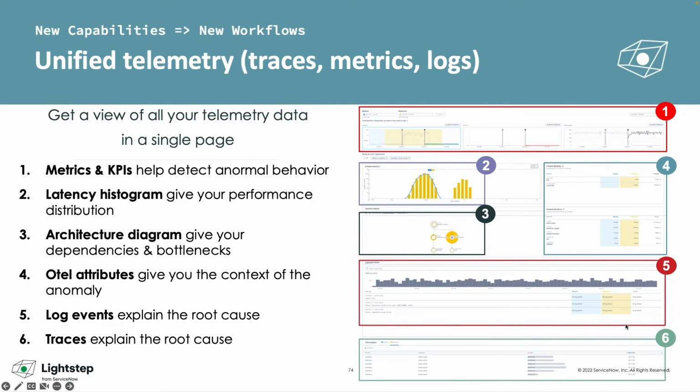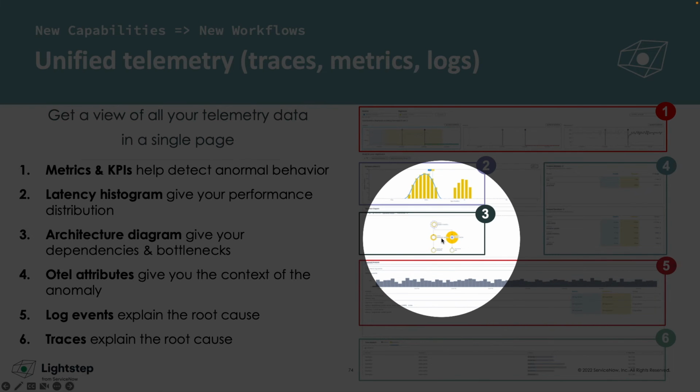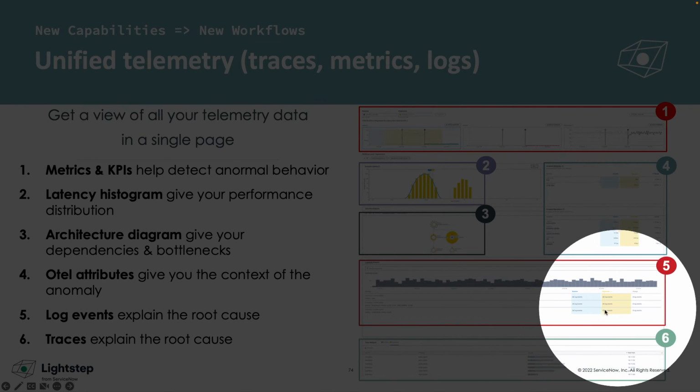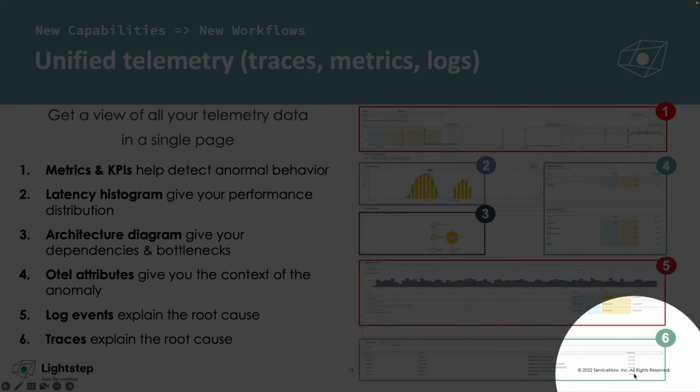When you first see this screen, you can say, wow, that's so much information on just one screen. But in the end, that's far easier to use than any other tool where you've got all this different information in different tabs or in different tools. Why is that? Simply because all information is correlated together. Meaning that if, for example, you click anywhere in the architecture diagram to select a specific operation, it will directly impact the logs and the traces that are selected below.